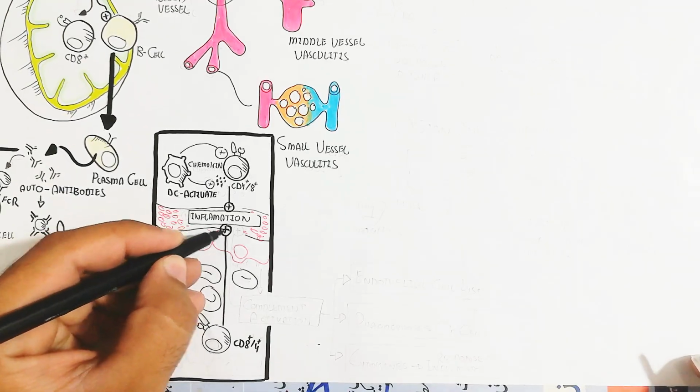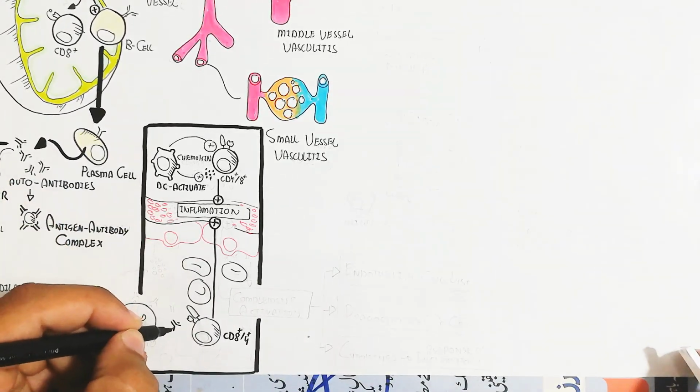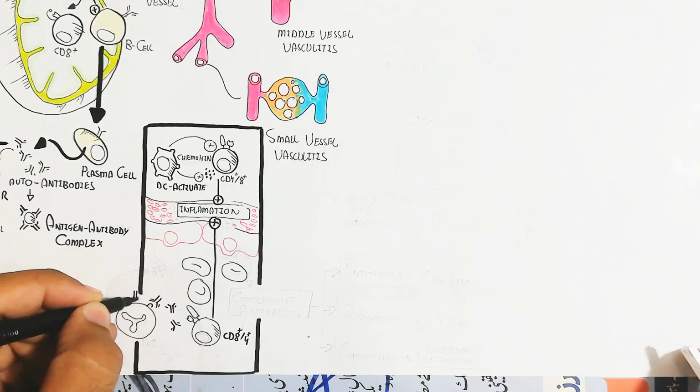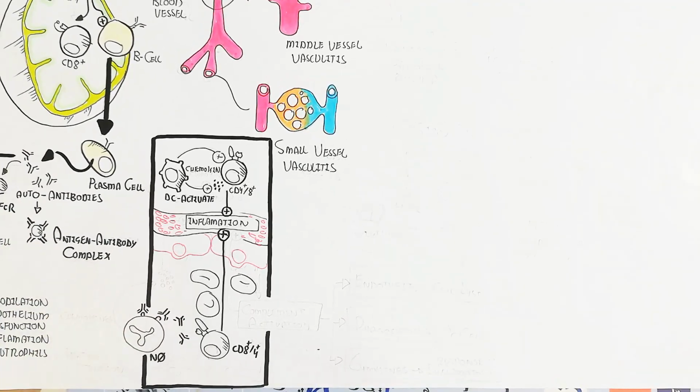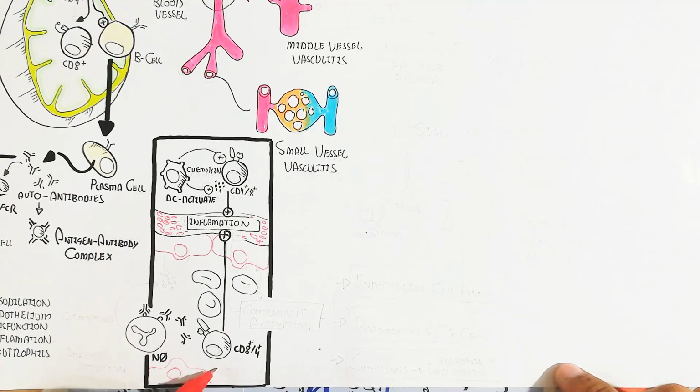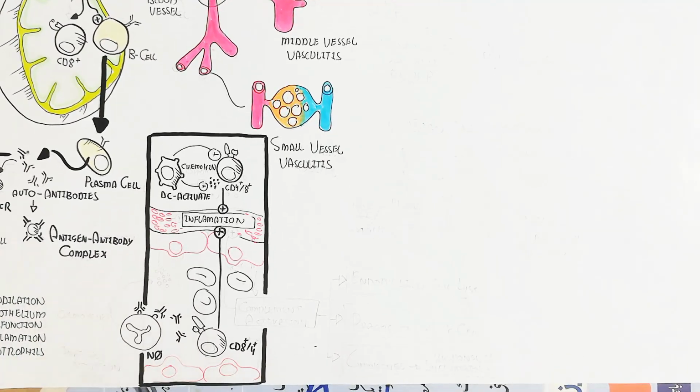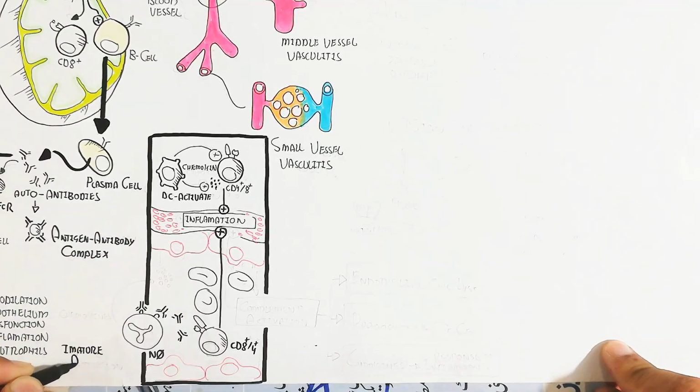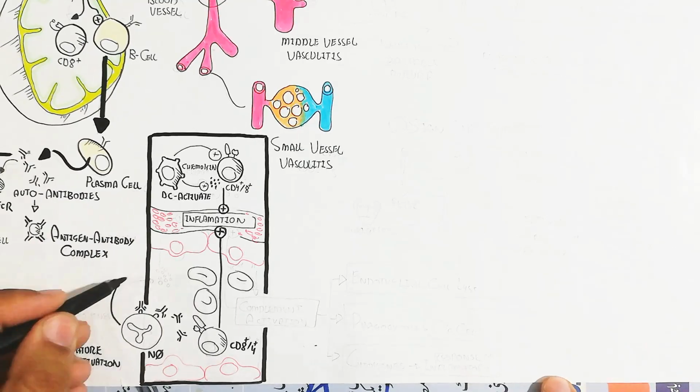Immature neutrophil activation will occur to produce chemokines, while the CD8 and CD4 are also activated to produce cytokines, and will also cause inflammation in the tunica media, the smooth muscle layer.